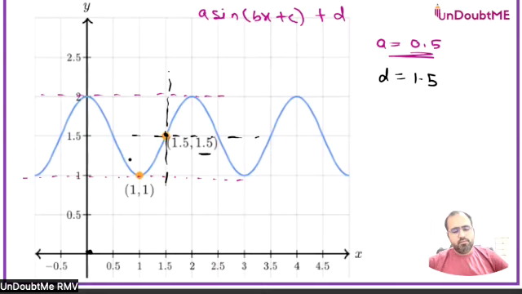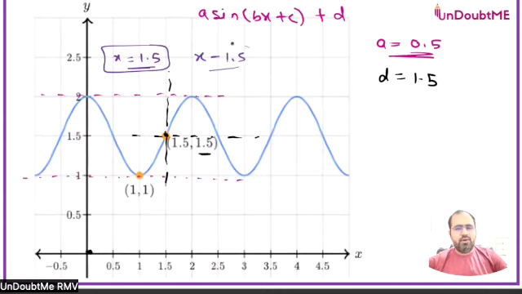Would it be minus 1.5? Okay, so we'll break that down. First, it is shifted by 1.5 units to the right. To the right means x is equal to 1.5. So when you write it down in the form of a factor, it will be x minus 1.5. So the value of c will be minus 1.5.